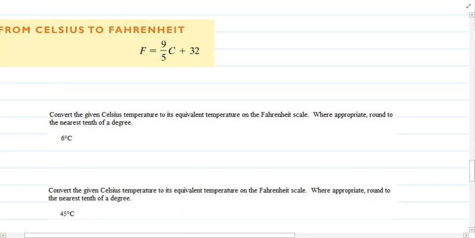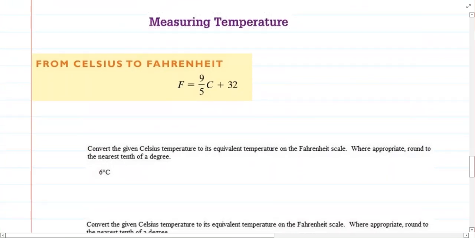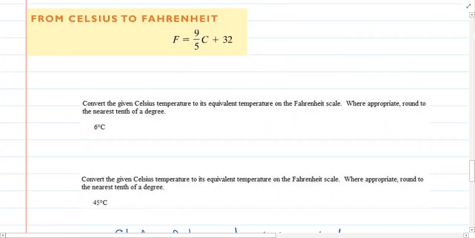So I skipped this part right here, and I'm sorry. We're talking Fahrenheit given the Celsius to figure out if it is cold or hot in the degrees, and it's all a formula. Notice that we add 32 here because for us 32 is freezing in our country. So we have 6 degrees Celsius.